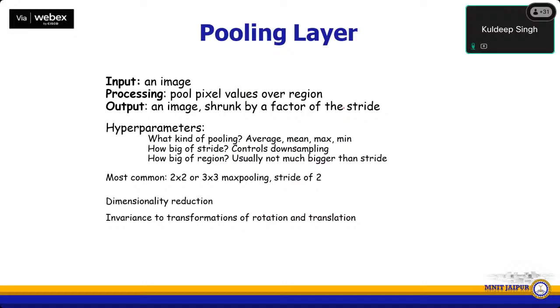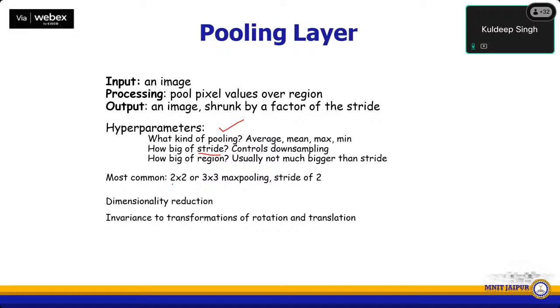Then the next layer is the pooling layer, and the main task of this pooling layer is to shrink the dimension of the feature map computed with the help of the convolution layer. So it pools pixel values over a region, let's say 2 cross 2 or 4 cross 4, and reduces the dimension. Here also we can see the stride value, the padding value, and what kind of pooling we are using.